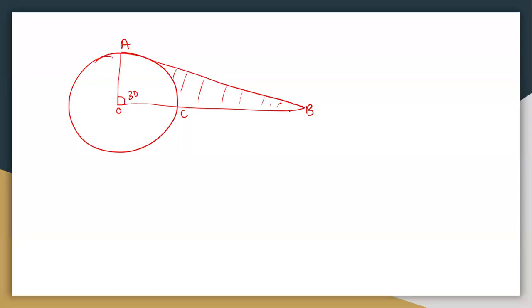Which angle do I have? You know that whenever a radius meets the tangent, this is going to become a right angled triangle.